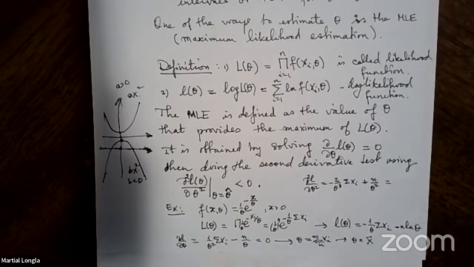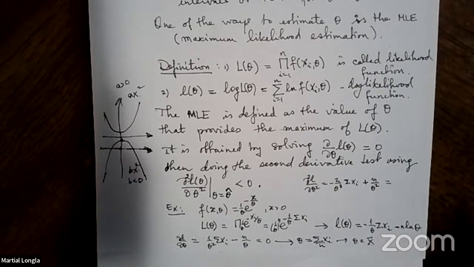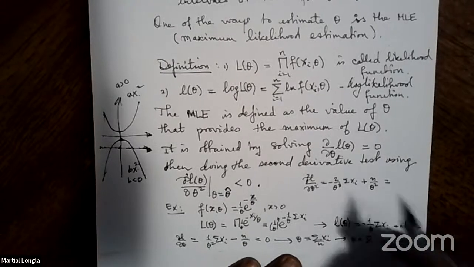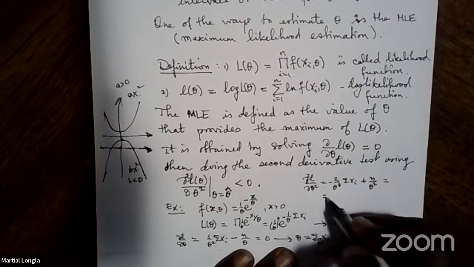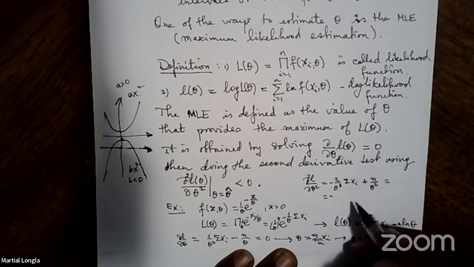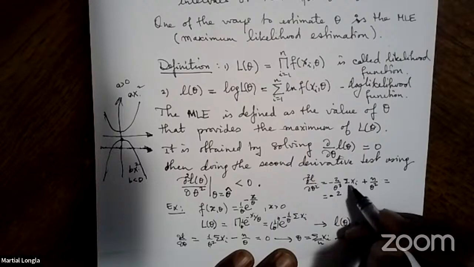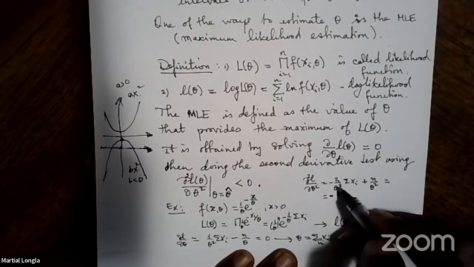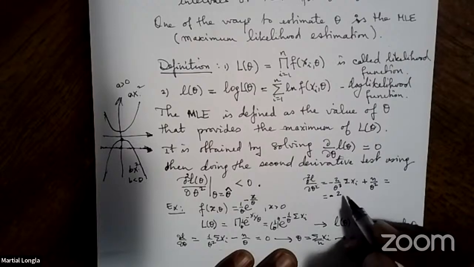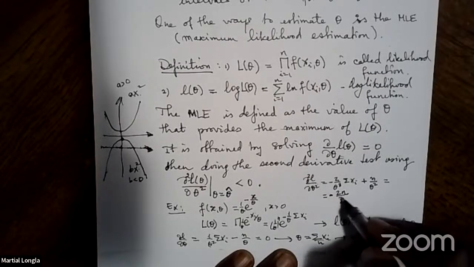If we do replace theta by x bar, what do we get here? Minus 2, the sum of xi cancels one time here, you get n over x bar squared.